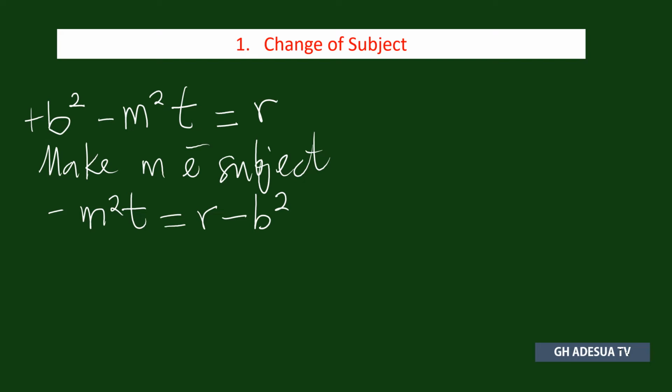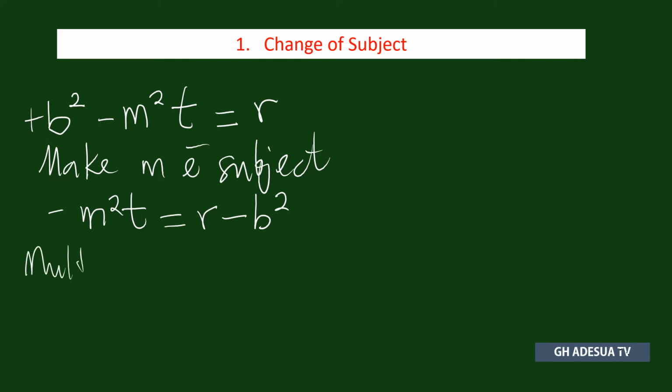Now our first point here, we have a negative sign, and we need to rule out that negative that is against the m squared before we come and deal with the square root. So to clear the negative sign, you multiply through the whole equation by negative.